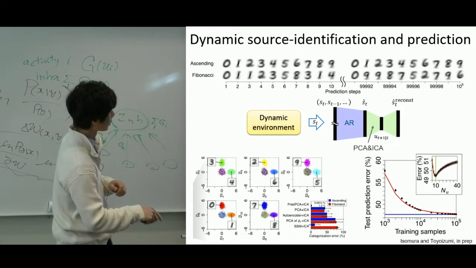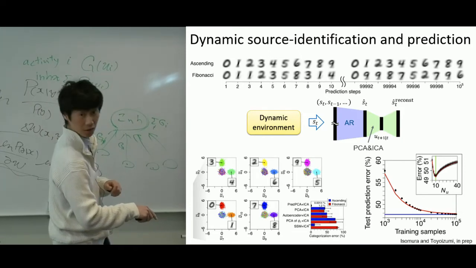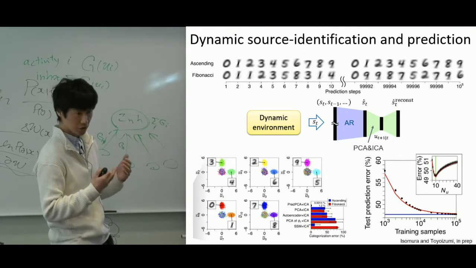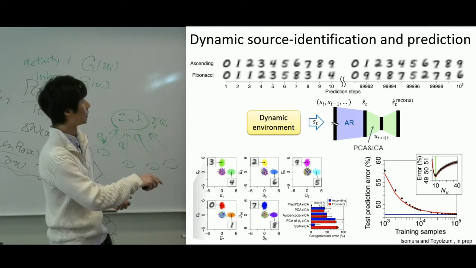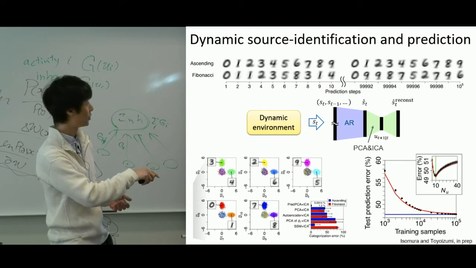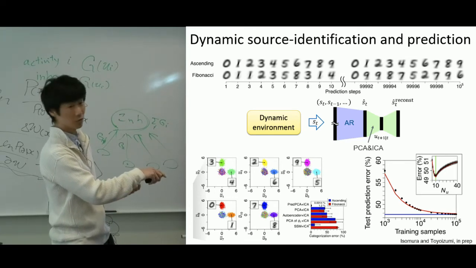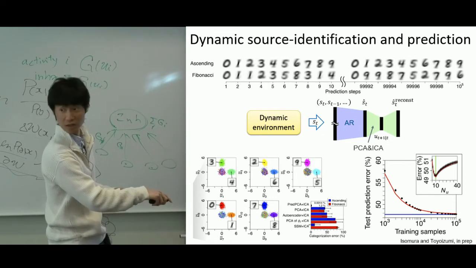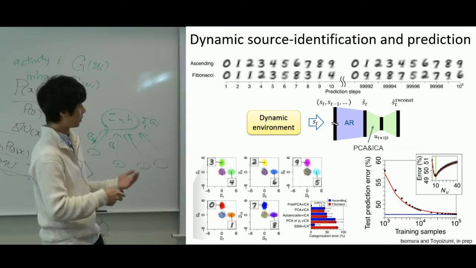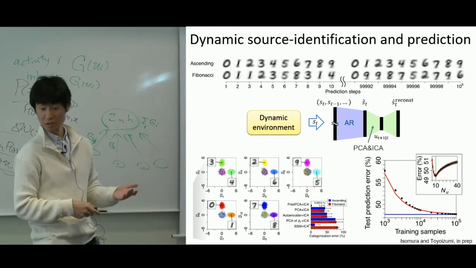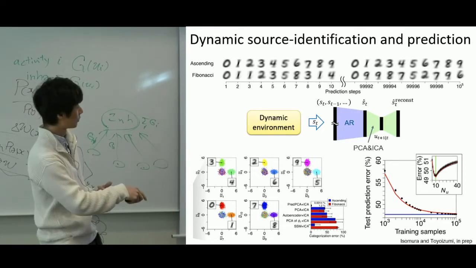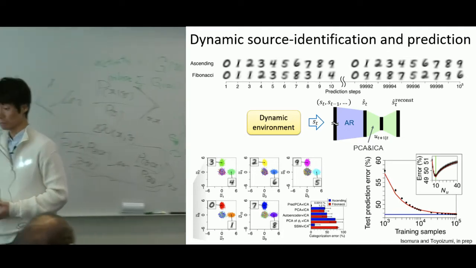And it asymptotes to this blue line. This blue line is with the explicit supervision of hidden representation. If you give that this is 0, this is 1, this is 2, then you get this blue line. But this predictive PCA doesn't use such labels of hidden states, but converges to that performance level.